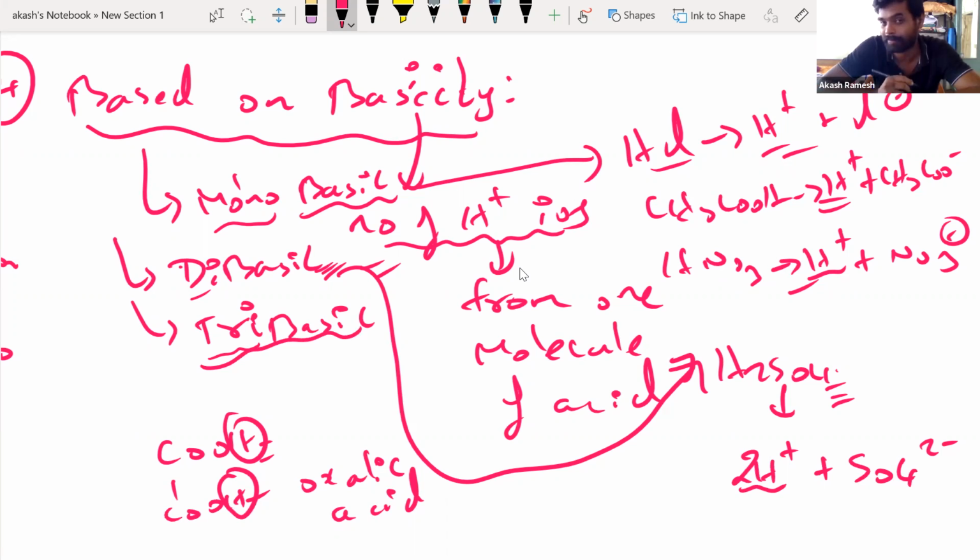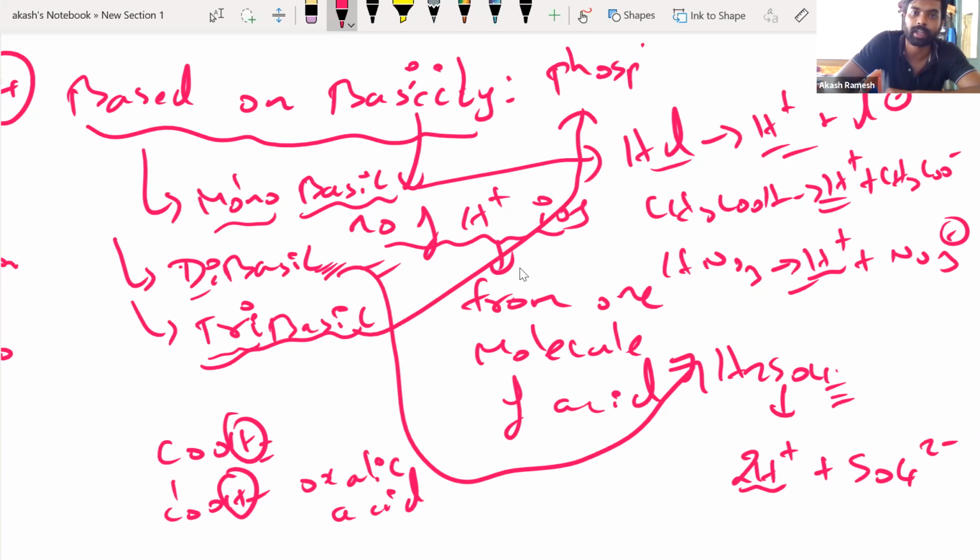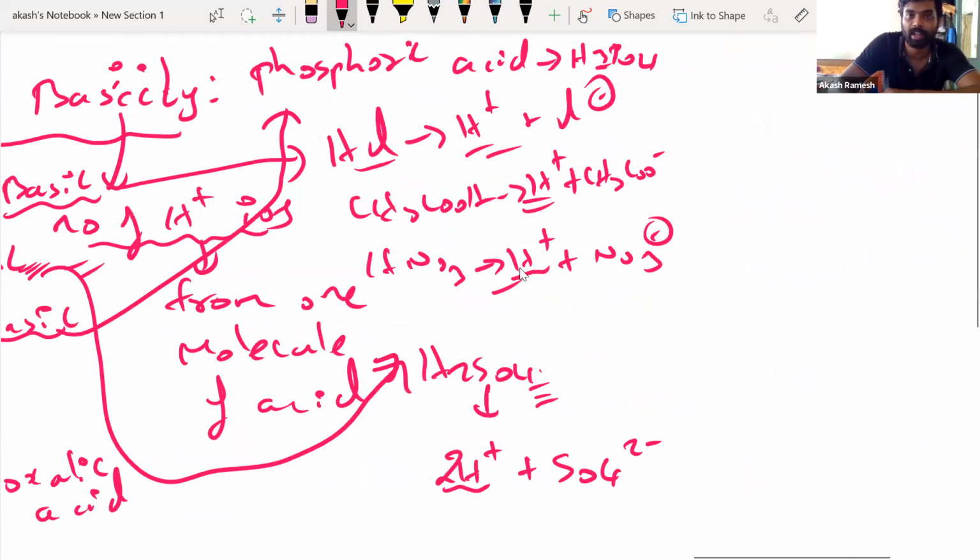We have one example which I already taught you: phosphoric acid, H3PO4. Now you can see all the H plus ions.